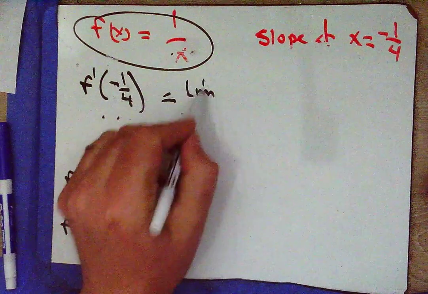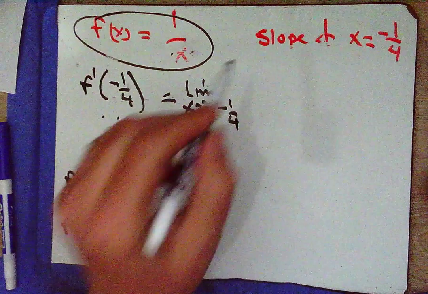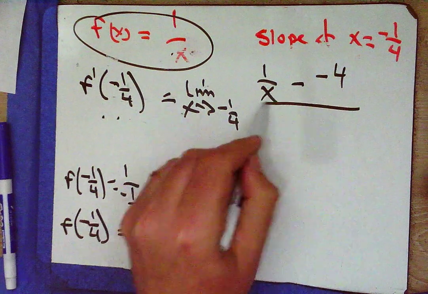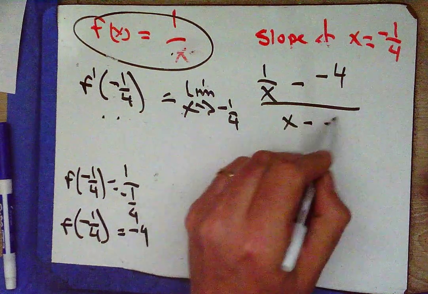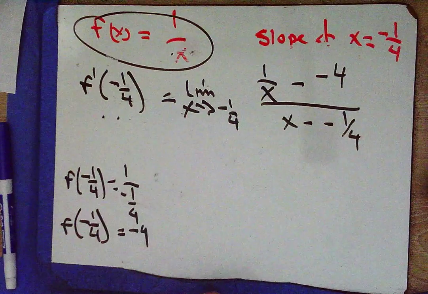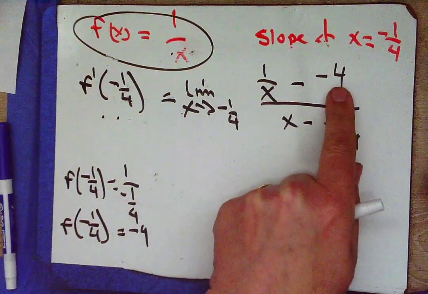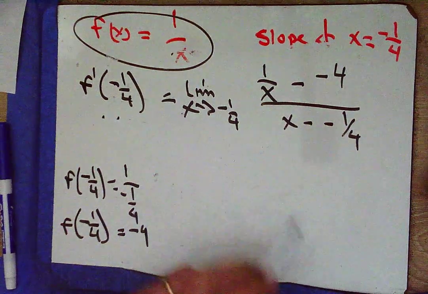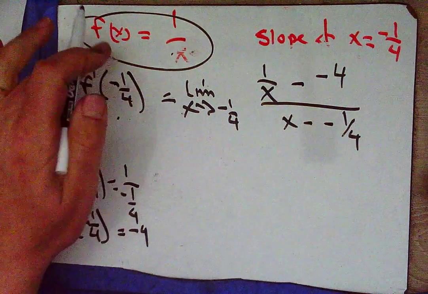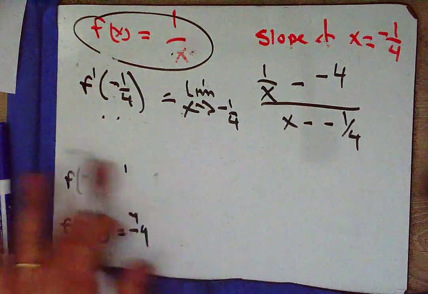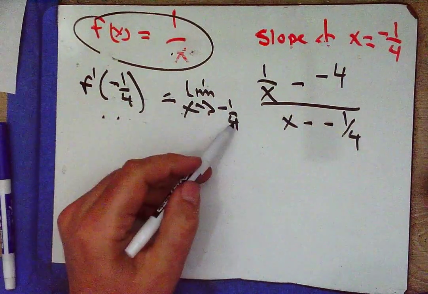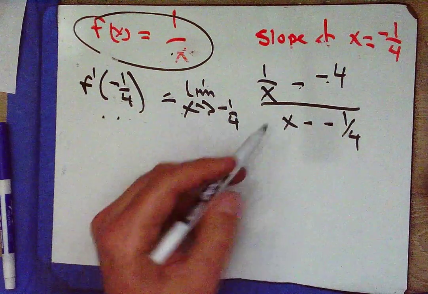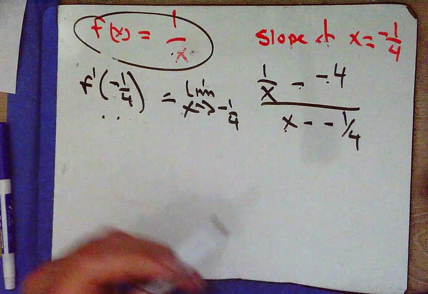The limit as x approaches negative 1/4 of (1 over x minus negative 4) over (x minus negative 1/4). Right? Because that's f of x minus f of negative 1/4 over x minus negative 1/4. This is just the slope formula with this function at that point. All right. So if I plug in negative 1/4 now, I get negative 4 plus 4, 0 on top, negative 1/4 plus 1/4, 0 on the bottom.